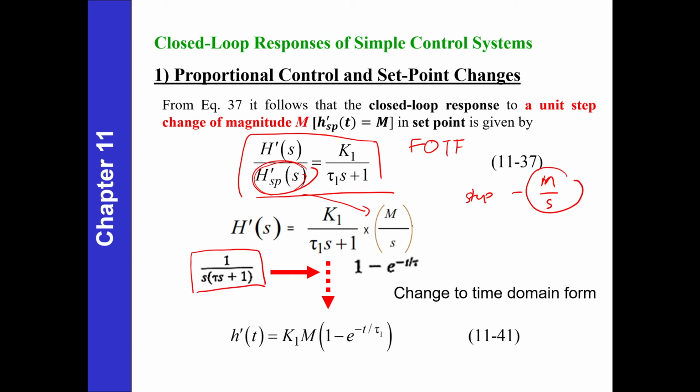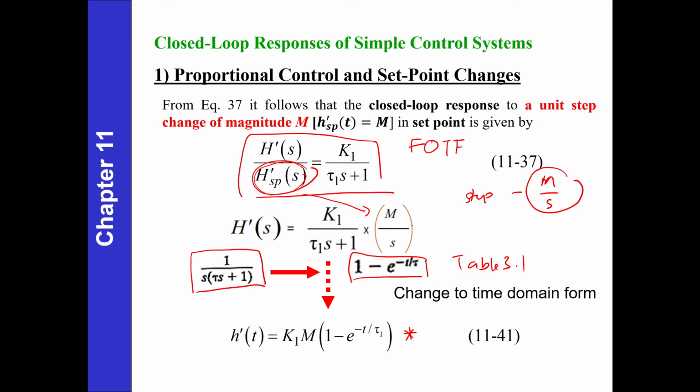And we get the final equation of the response. Then we have to convert back into the time domain. You can refer to table 3.1. I don't remember which number for this equation, but you will get this final equation. This final equation is actually the equation for the graph.